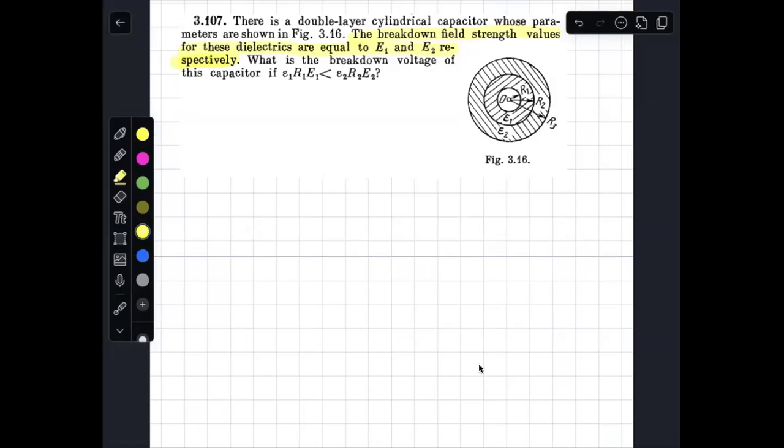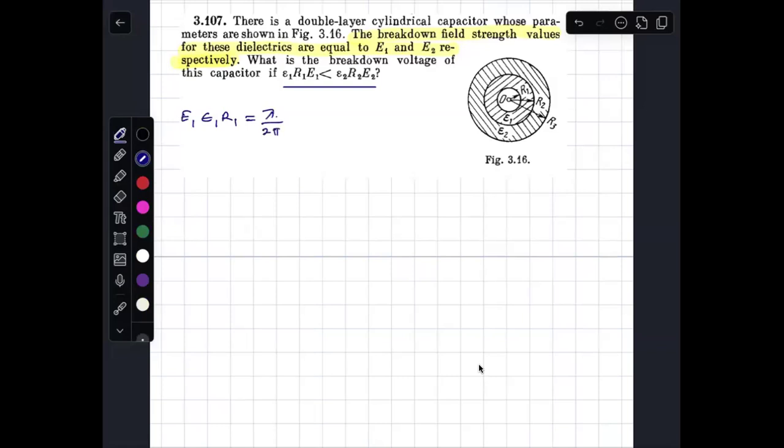Right. So what is the breakdown voltage of this capacitor if this one is taken as a condition? All of a sudden, I have a different situation. I'll explain this in my style. Epsilon 1, E1, R1, lambda by 2 pi.